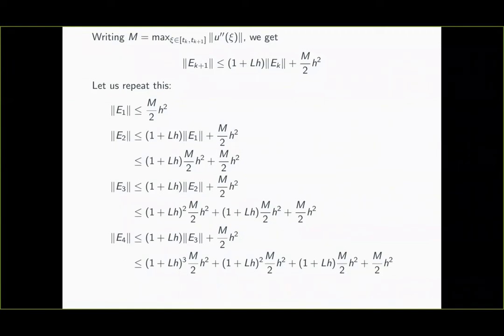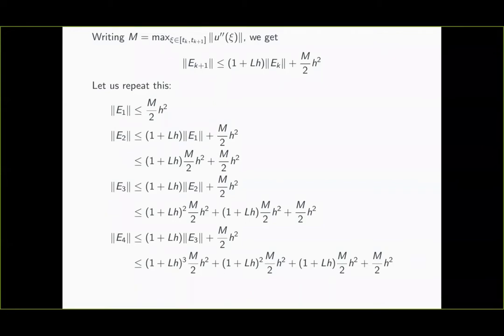For example, if I try to get an upper bound for the Euclidean norm of E4, the error at time step t4, then the upper bound that I get using these substitutions is (1 + LH) cubed times M/2 h squared plus (1 + LH) squared times M/2 h squared plus (1 + LH) times M/2 h squared plus eventually M/2 h squared.